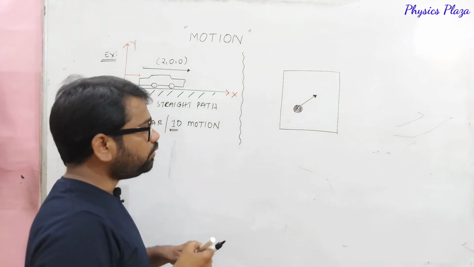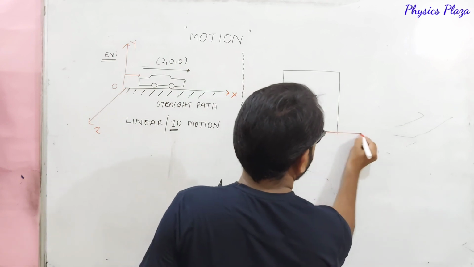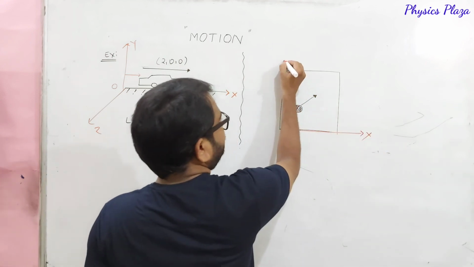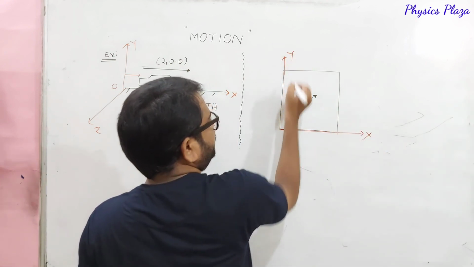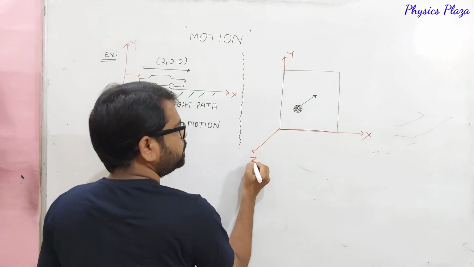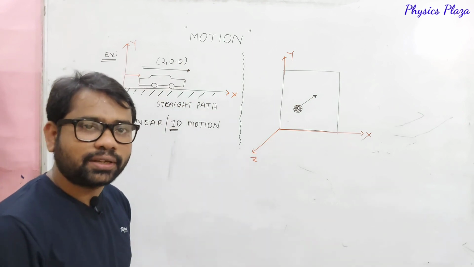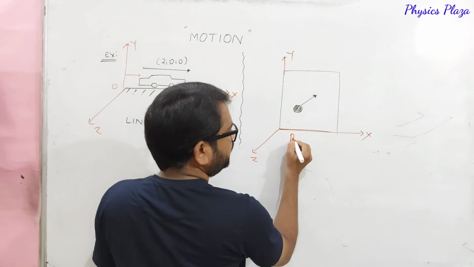Just try to think. Here let us take this as the x-axis, this is the y-axis, and here is obviously the z-axis. Am I clear? So this is the plane of the board, children.